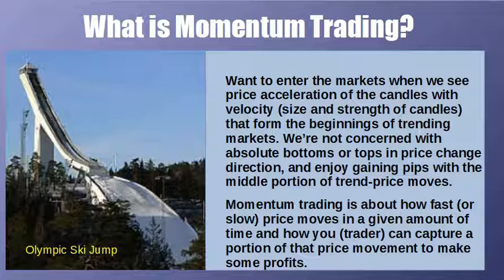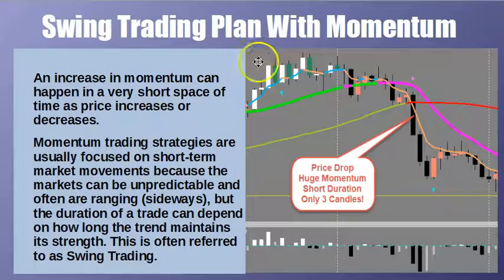So let's take a look here further. Swing trading plan with momentum. Now, an increase in momentum can happen in a very short space of time as price increases or decreases. So take a look. Price is moving higher, but you can see the candles are getting smaller.